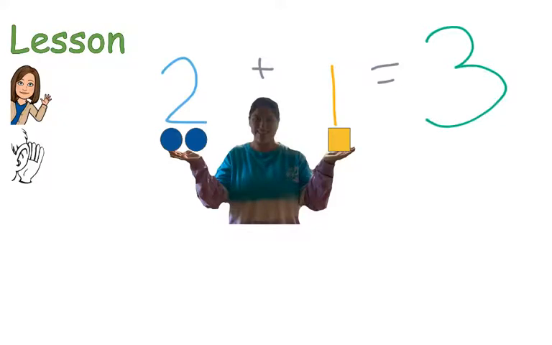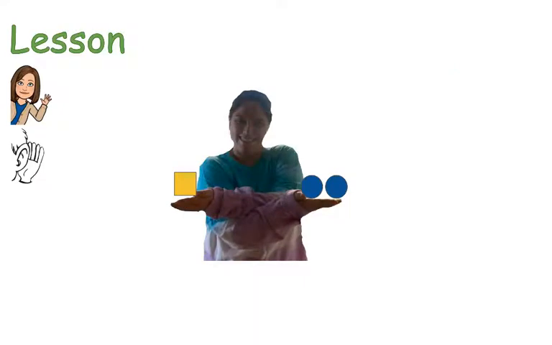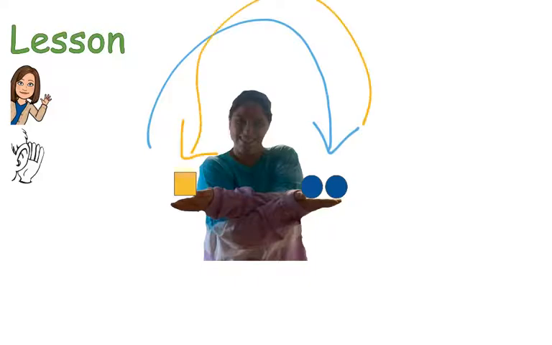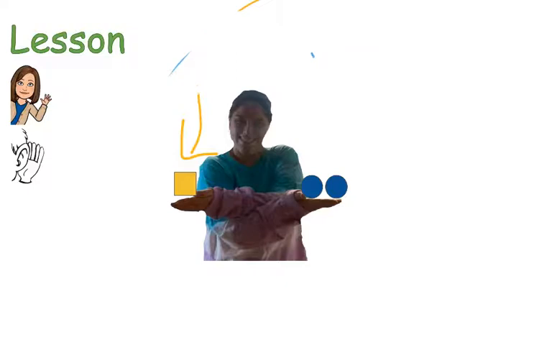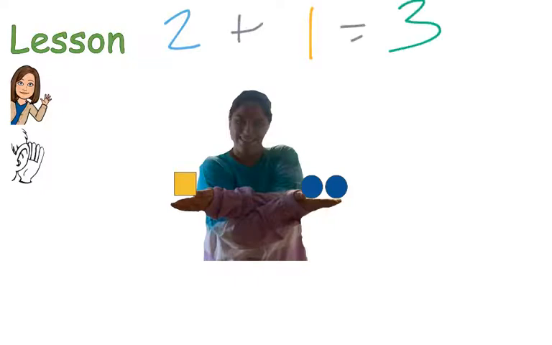Now I'm going to show you the switcheroo. Do you see how I switched my arm? The blue is on this side, and now the yellow is over here. I just switched my arms, but I still have 2 blue circles and 1 yellow square. Before we had 2 plus 1 equals 3.